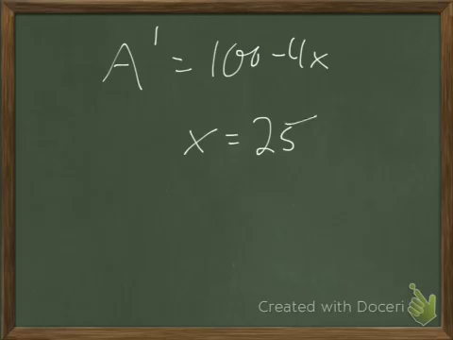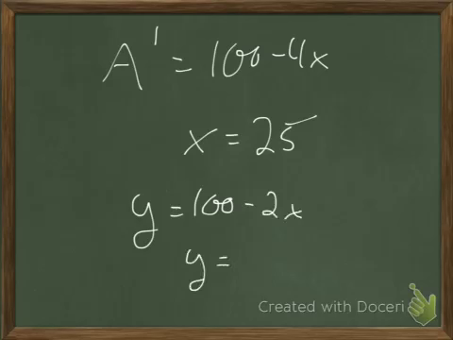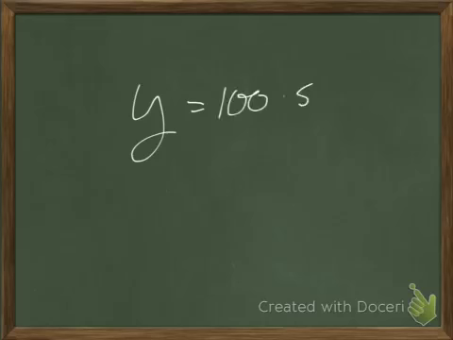So we can plug that into the y equals 100 minus 2x problem, and we get that y equals 100 minus 2 times 25, which is y equals 100 minus 50, which is y equals 50.